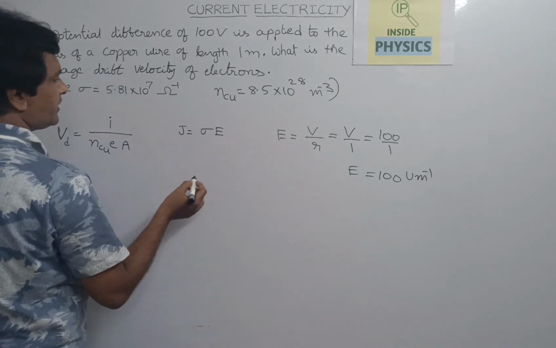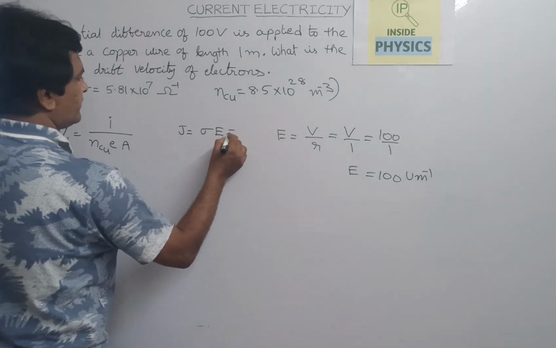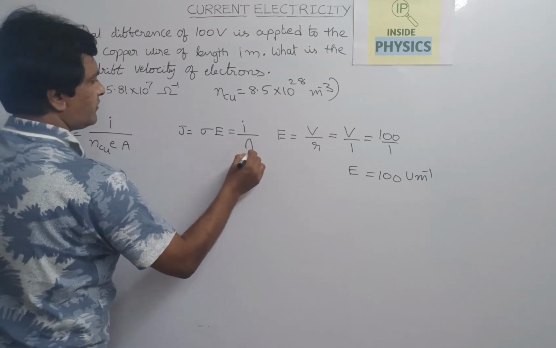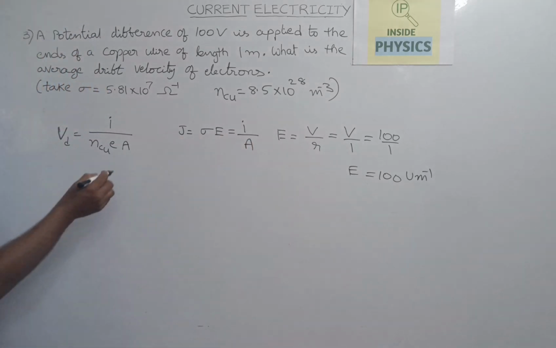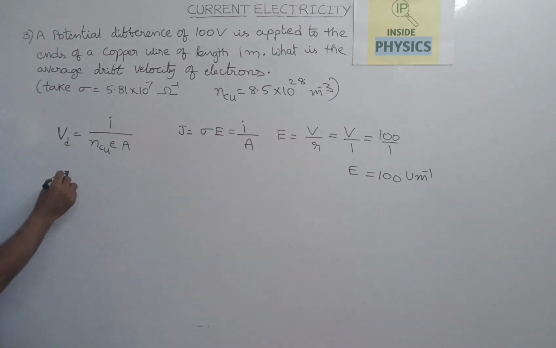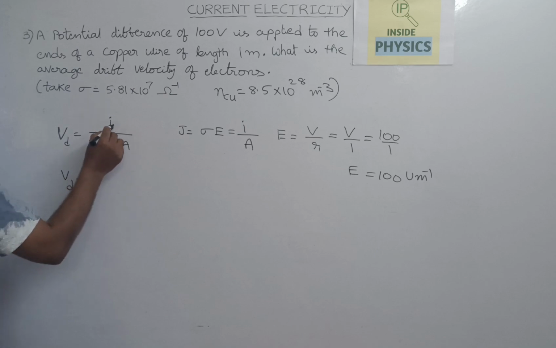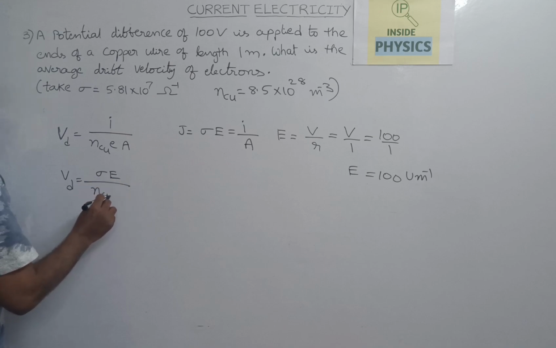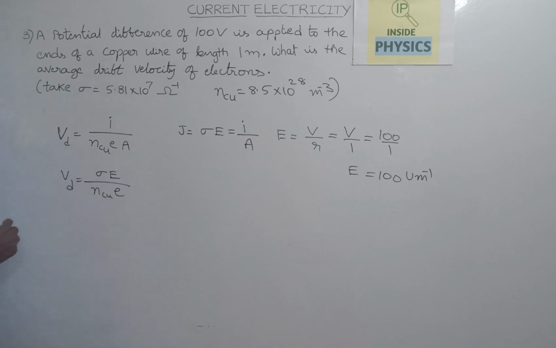Conductivity multiplied by electric field gives current density, which is nothing but current flow per unit area of cross section. So here I by A can be taken as sigma E. Sigma E by the number of copper free electrons into the charge of electron.